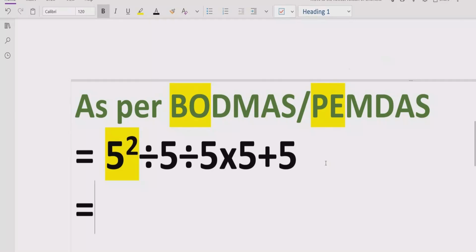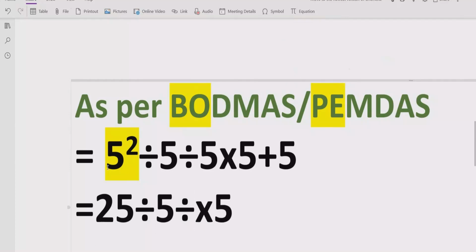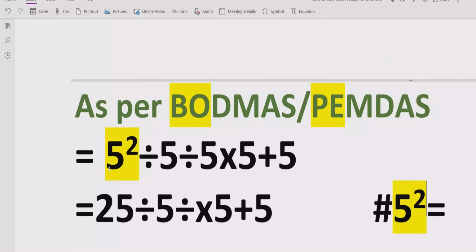We will write 5 multiplied by 5, which means 25, divided by 5, and again divided by 5, multiplied by 5 plus 5, written as it is. And here we give the reference: 5 raised to power 2 becomes 25.